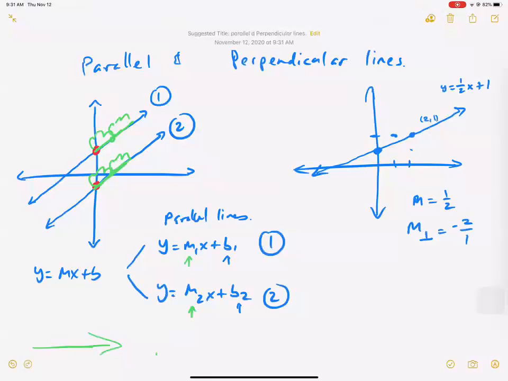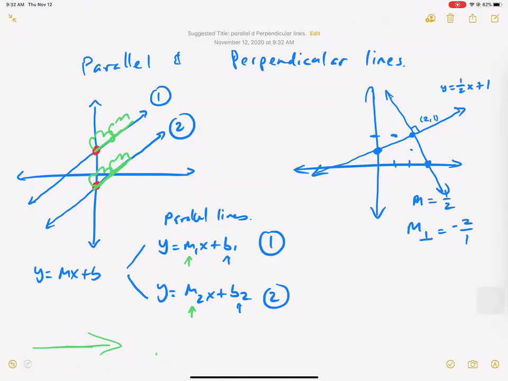So down 2, over 1. And this is my next line. And those are perpendicular lines. Not the best because I'm freehanding this, but you can see that this forms a right angle.